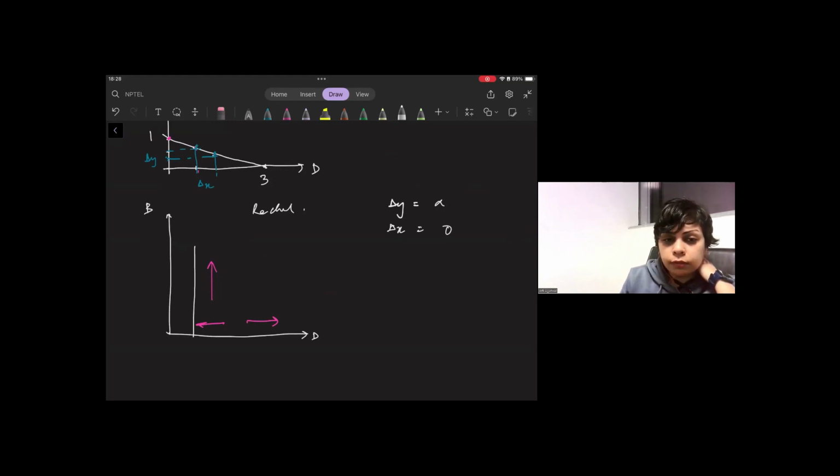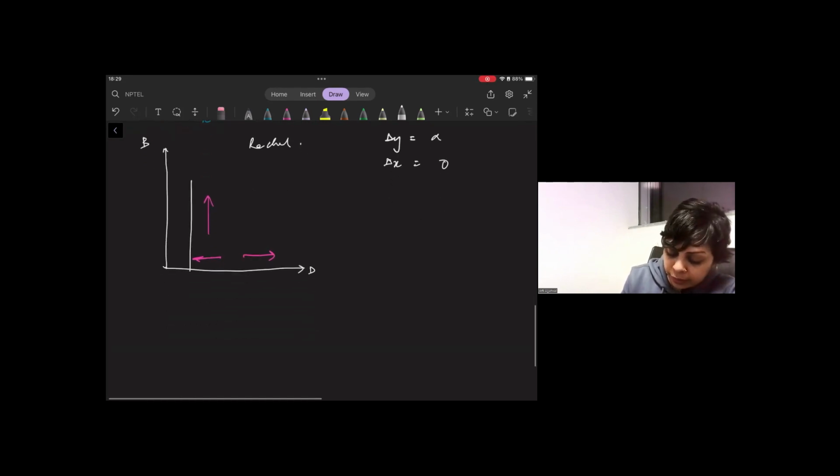Along the indifference curve. Is that so? We're traveling up. If you make some change in B, then you are getting some increase in utility. And if you change along the x-axis, you're not getting any change in utility.